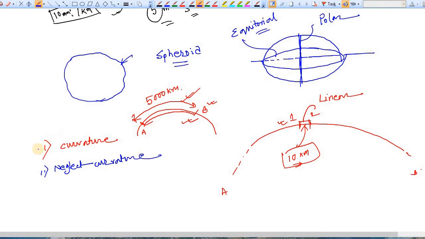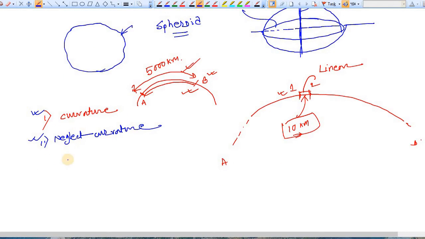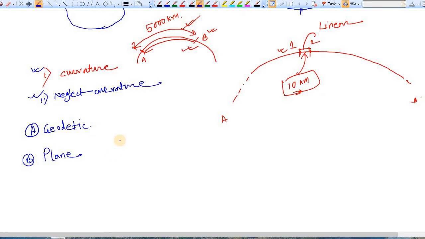So based on these two fundamental things, the basic division of surveying is: first one is geodetic surveying, and second one is plane surveying. So what is the basic difference between geodetic surveying and plane surveying? Well, in geodetic surveying we take into consideration the curvature of earth.